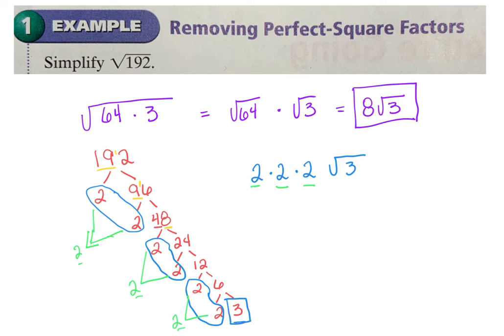Once you take it out, anything that comes out is multiplied together, and anything that stays in is multiplied together. So I have 2 times 2 times 2, which gives me 8. And then I have the square root of 3, which doesn't come out, square root of 3.